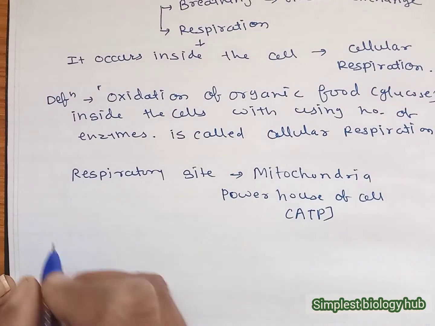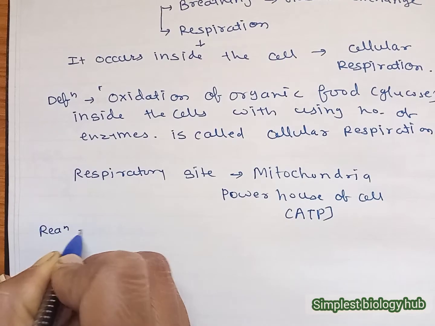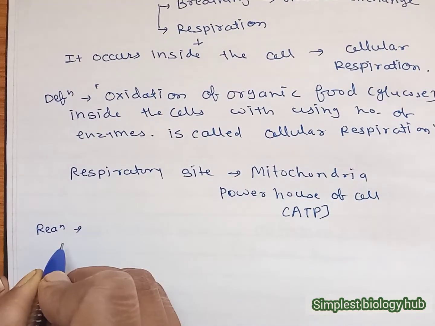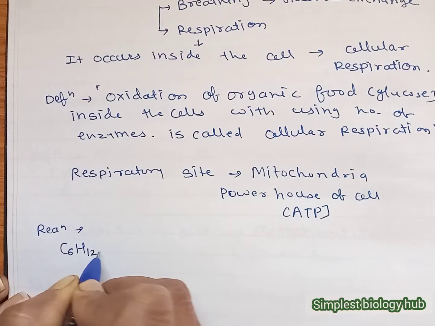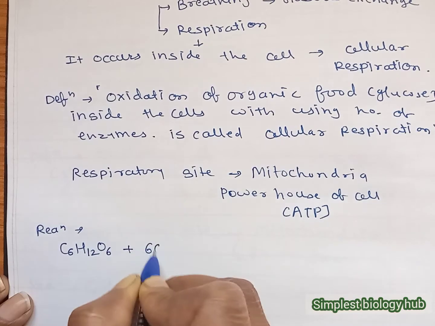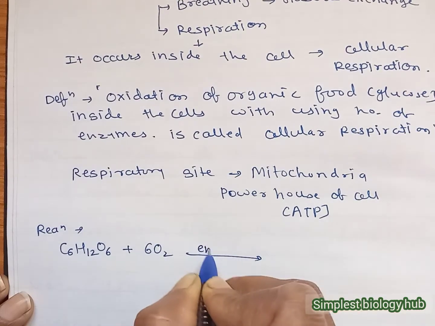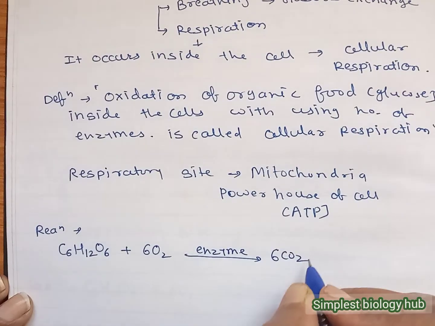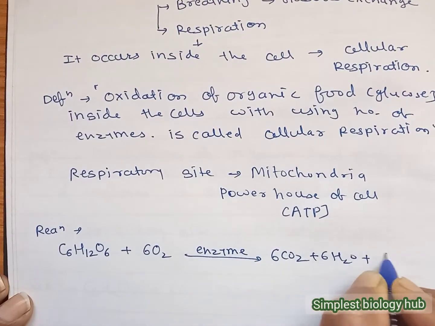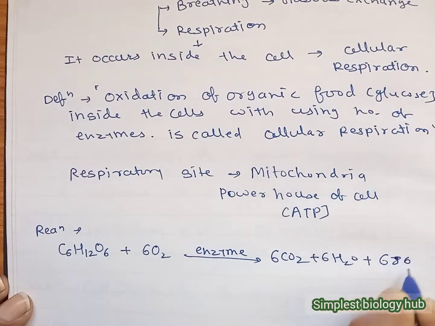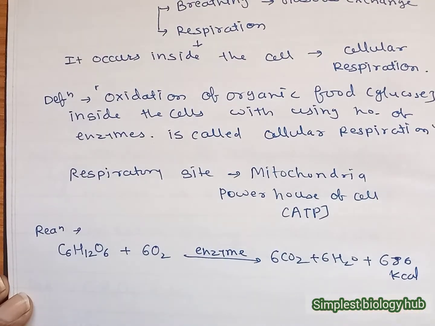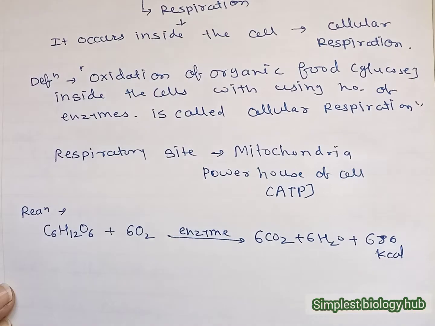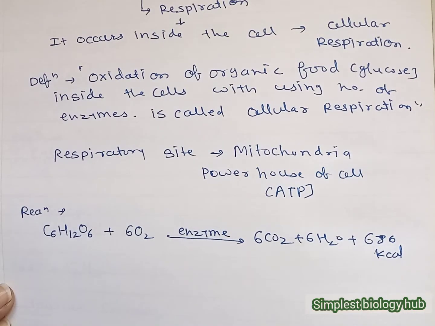Now we see the reaction, what type of reaction actually takes place in the process of respiration. In this process, the glucose molecule breaks down in the presence of oxygen and a number of enzymes help in this process. It converts it into carbon dioxide, water and 86 kilocalorie of energy, and that energy we utilize for our daily activity.